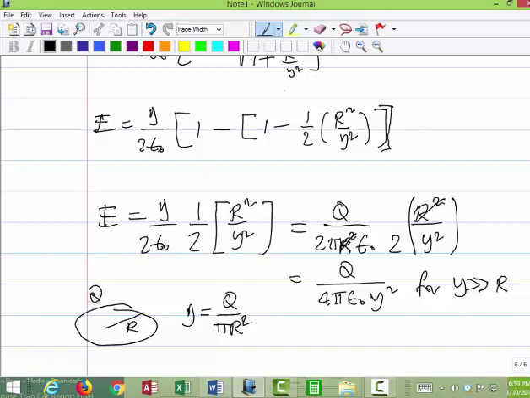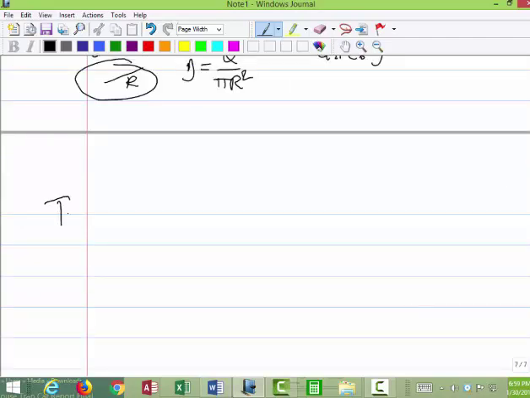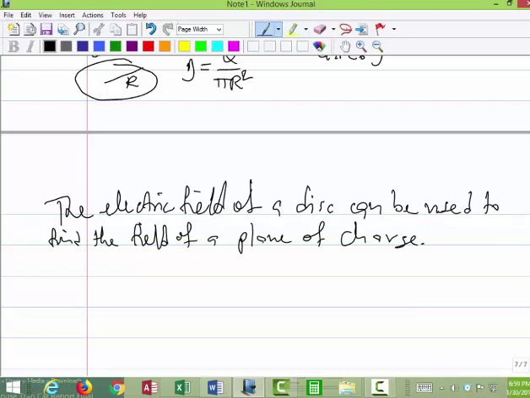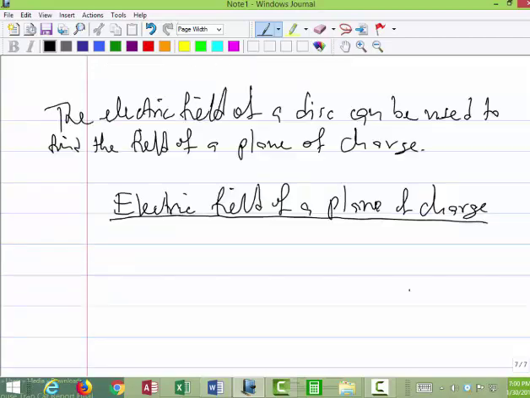So we'll go to the next one. So we can say the electric field of a disk. Okay, so let's say that we want to find the electric field of a plane, and we are assuming that the plane is infinitely large. So we shall use our result above.